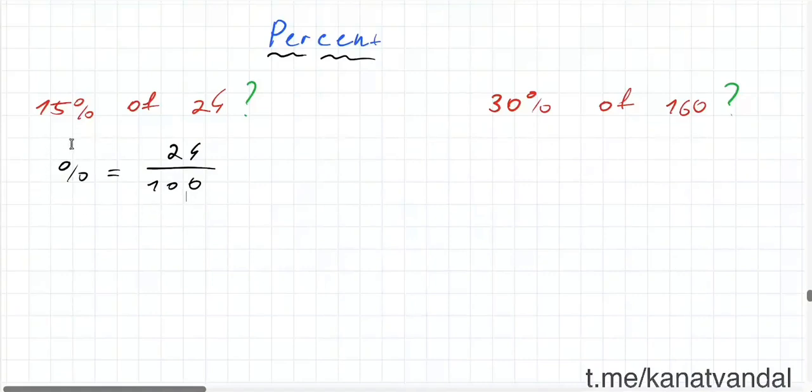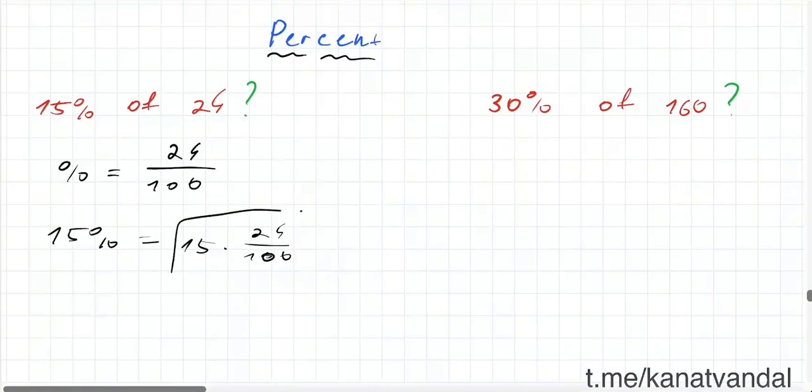So we calculated 1%, and we actually want to compute 15 of such percents. Well, we already know the value of one such percent, so let's just multiply it by 15 in order to calculate 15% of our number 24. And this will be our final result.